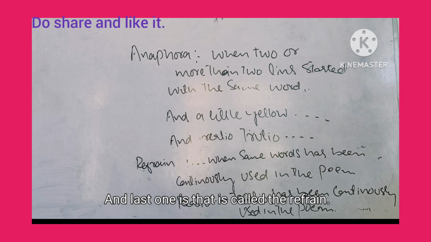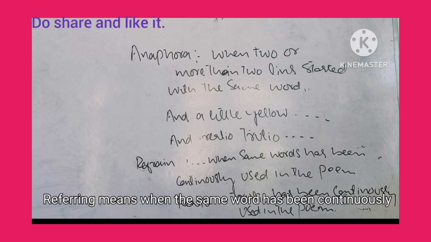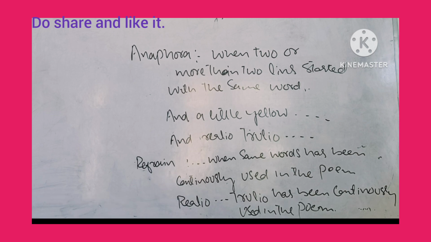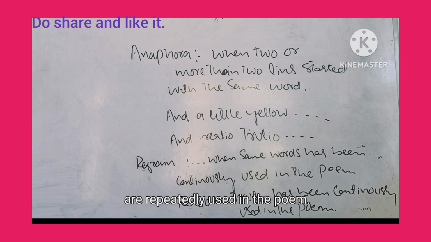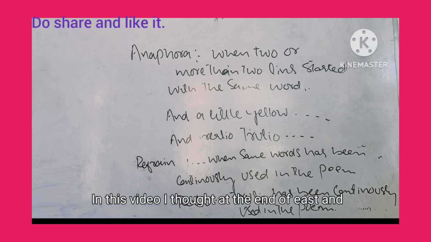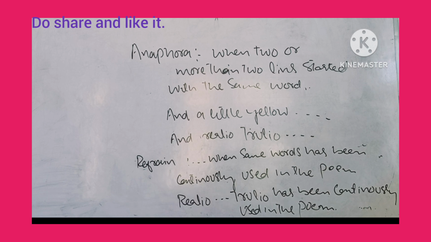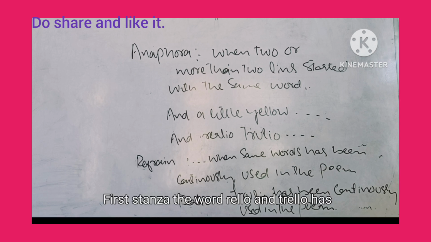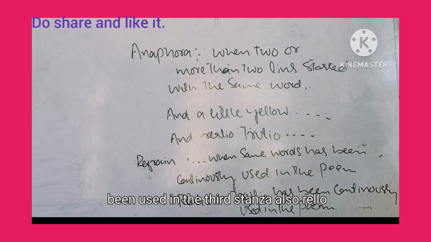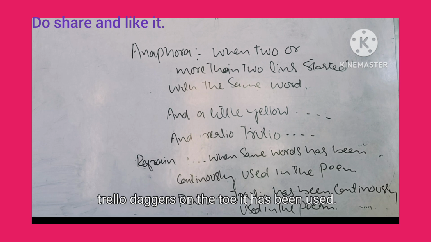And the last one is called the refrain. Refrain means when the same word has been continuously or repeatedly used in the poem. In this very poem, throughout, at the end of each stanza, it ends with rallo and trallo. In the first stanza the words rallo and trallo have been used. In the 3rd stanza also, "rallo trallo daggers on the toe" has been used.